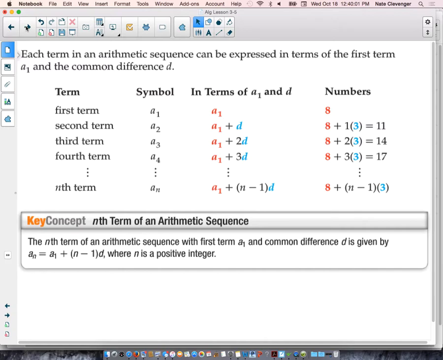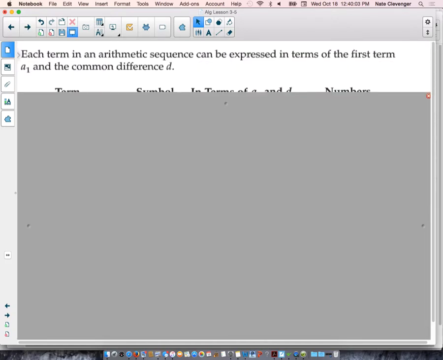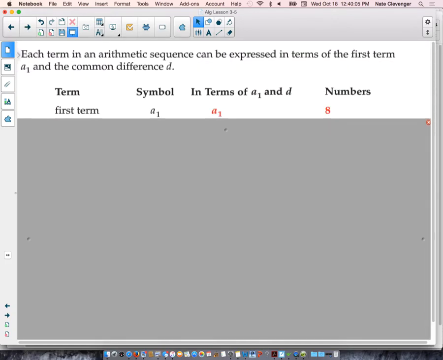All right, here's what's very interesting, and this is the part that could be somewhat difficult for you. If you can get this little formula down, it'll make more sense. What we're going to try to figure out is a formula that will represent whatever sequence we have.